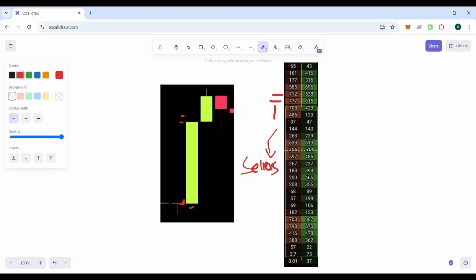Now, these ones right here on the right side are market orders, okay, which are the buyers. Sorry, hold on. These are the buyers aggressively buying at different price levels.